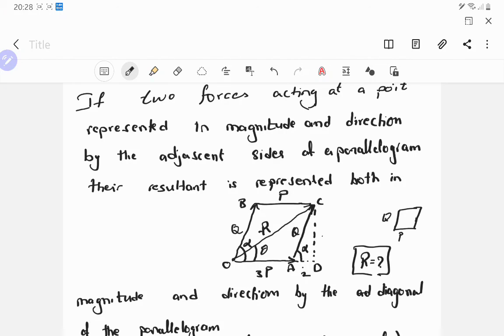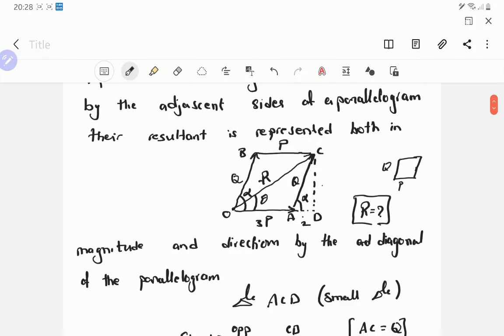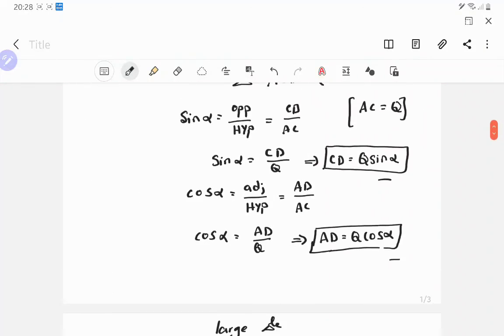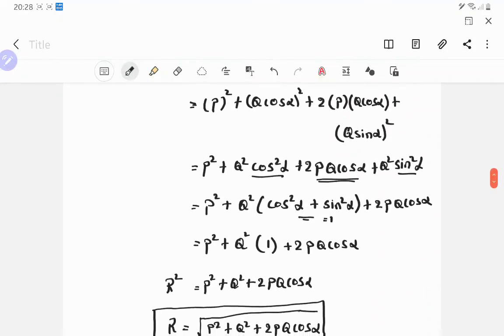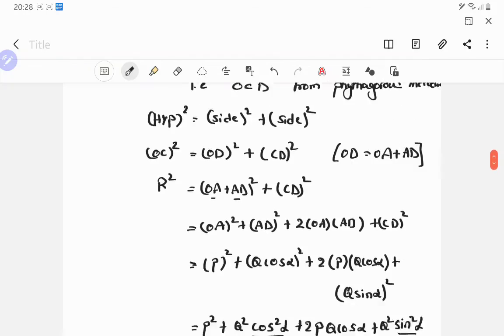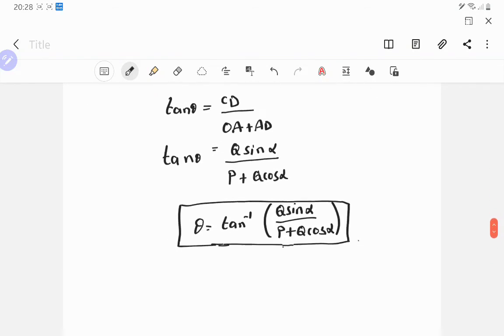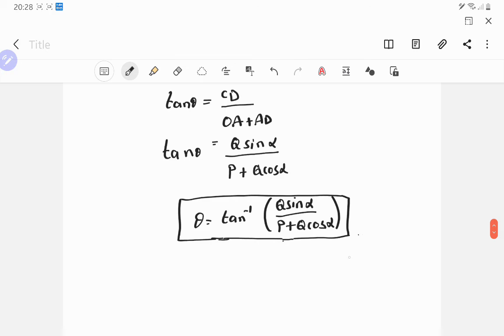The resultant is represented both in magnitude and direction by the diagonal of the parallelogram. That is the statement of the parallelogram law, and this is the derivation, and this is very important in engineering mechanics. Thank you.